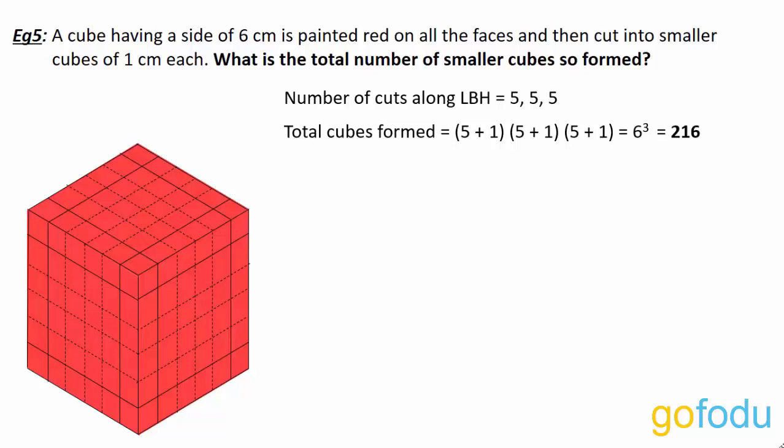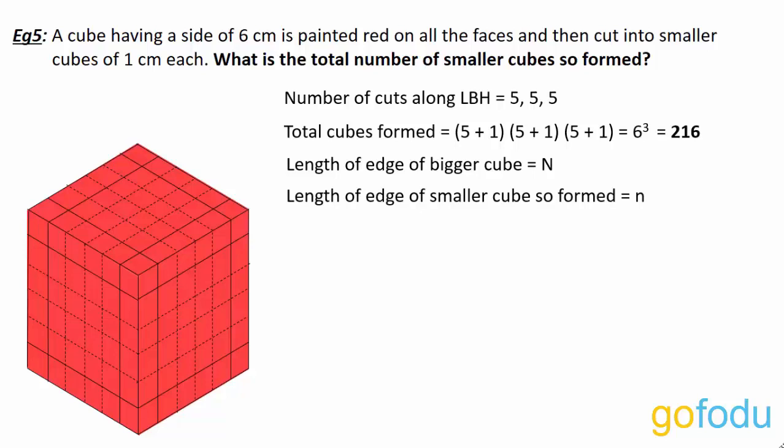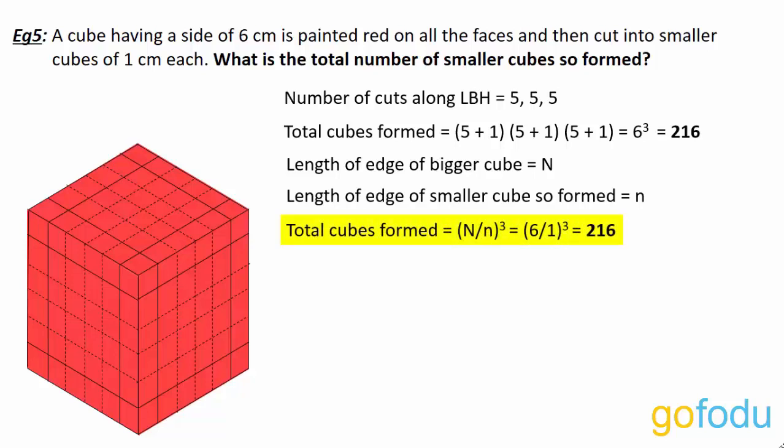Now there is one more method which can be used to calculate the number of smaller cubes. Let the length of the edge of the bigger cube be capital N and that of the smaller cube be small n. Total number of cubes is given by (capital N divided by small n) whole cube.